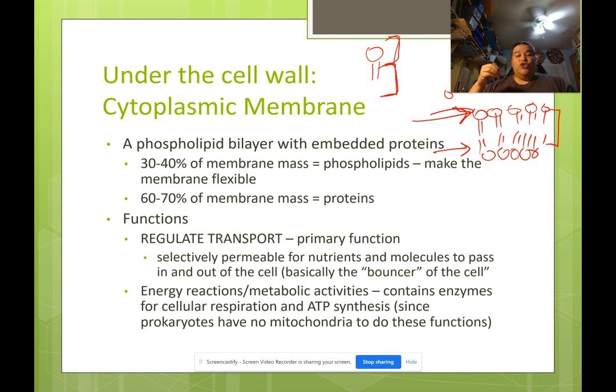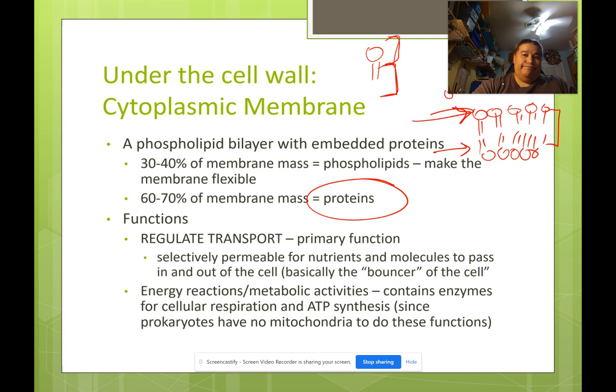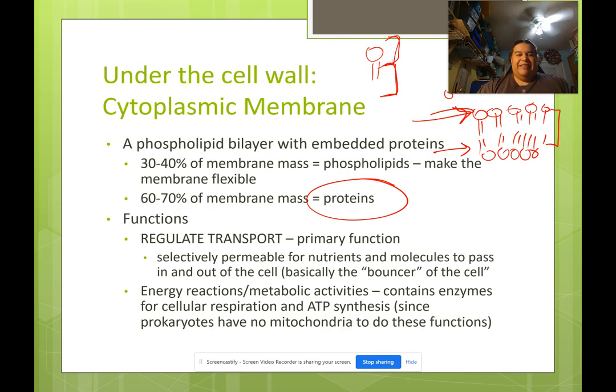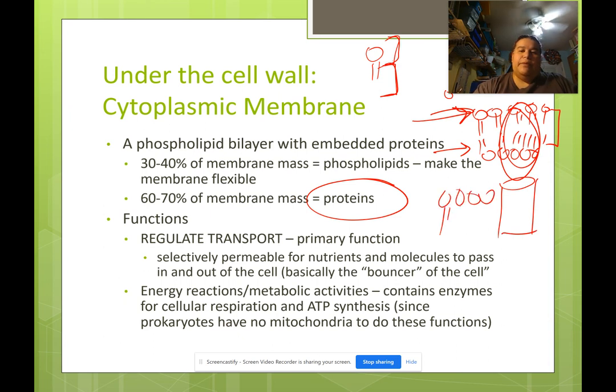If you're something that has charge and you still need to get inside the cell, you have to find a protein, because the proteins are the things that create gateways past these phospholipids. So you've got basically a tube-like pipe right next to the phospholipids that will allow things to go in or out.